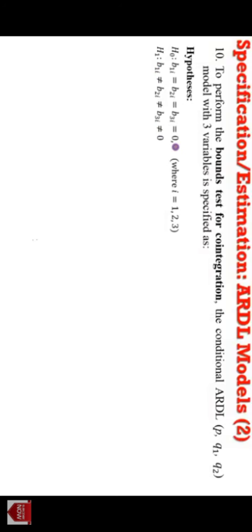If we are unable to reject the null hypothesis, then we can only specify the short-run model, which in this case denotes no cointegration. But if we reject the null hypothesis in favor of the alternative, then we go ahead to specify an error correction model or a vector error correction model.